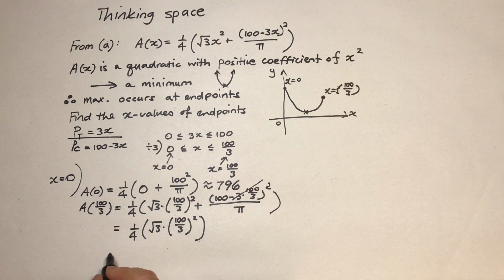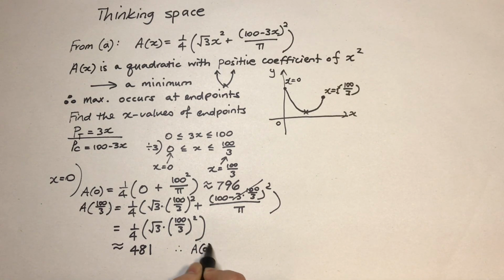And if you put that in your calculator, you will get 481 centimeters squared. We actually proved it. When x equals 0 is bigger than when x equals 100 over 3. So my final answer should be the max value of A of x occurs when all the wire is used for the circle.